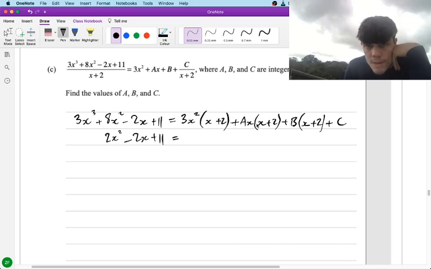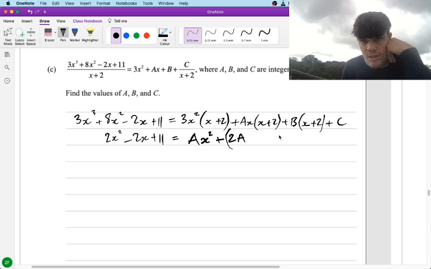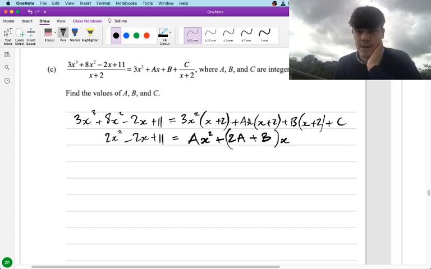Okay, now let's deal with this. Ax squared plus 2a, and then I'm going to actually do something sneaky here, plus bx. Now that was a little bit sneaky, but I don't want to do too much working. I'm just going to show you what I did.